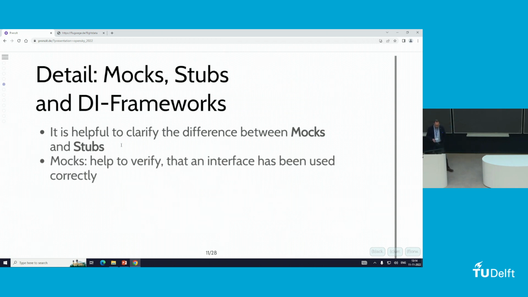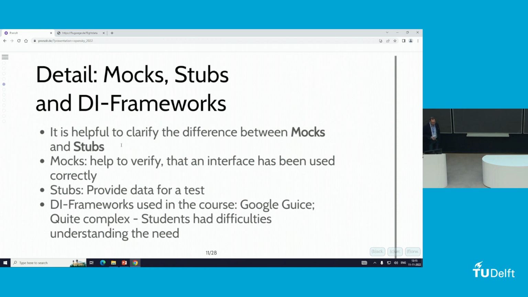A mock helps you to verify that an interface has been used correctly. So you see if you have called the interface correctly, and a stub is something that provides data for your test to run. That's a differentiation that's really important to have good testable software, and you are not supposed to mix the two of them.